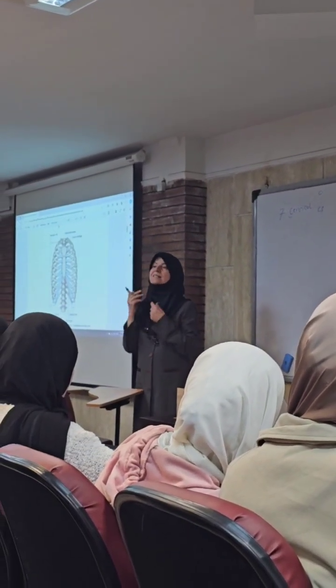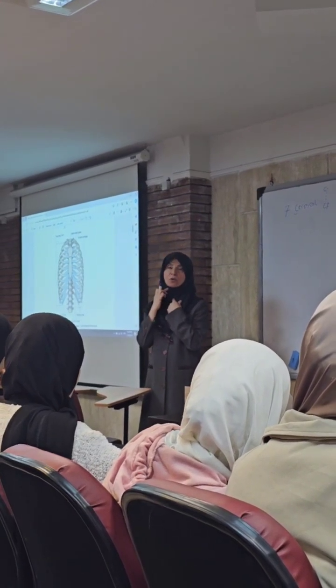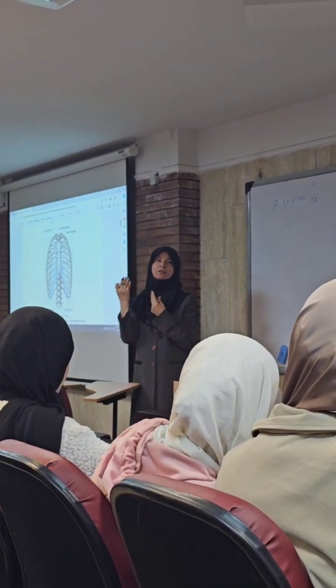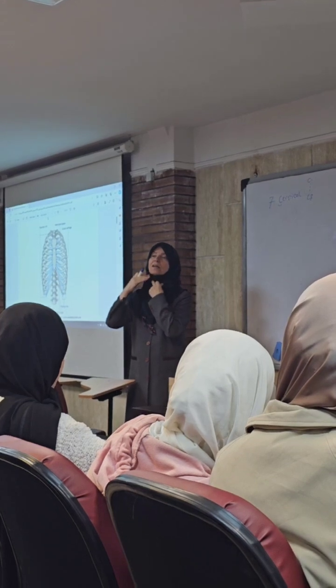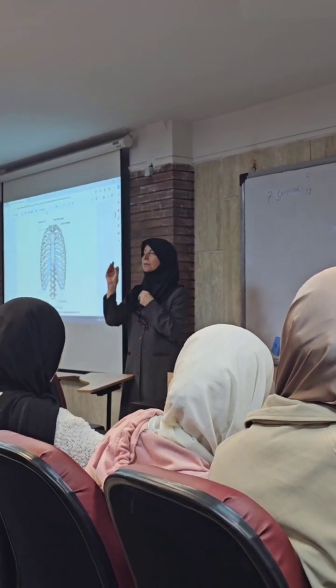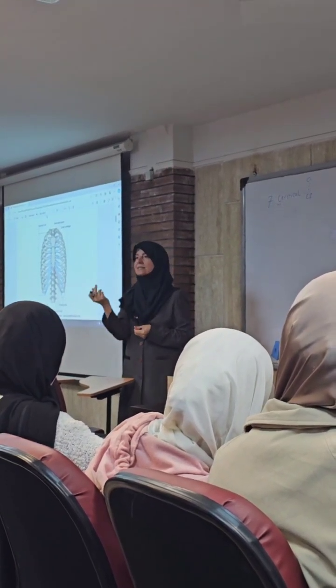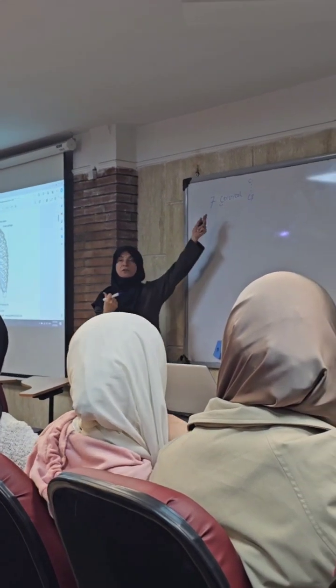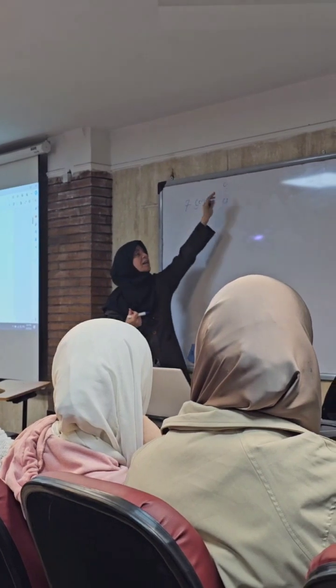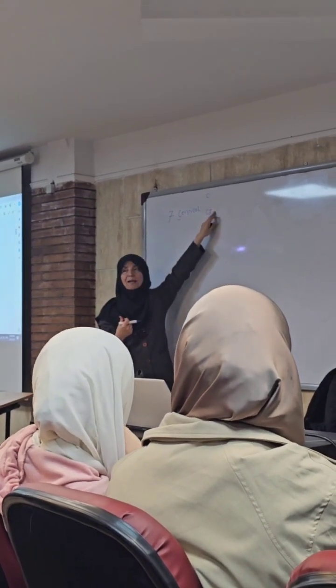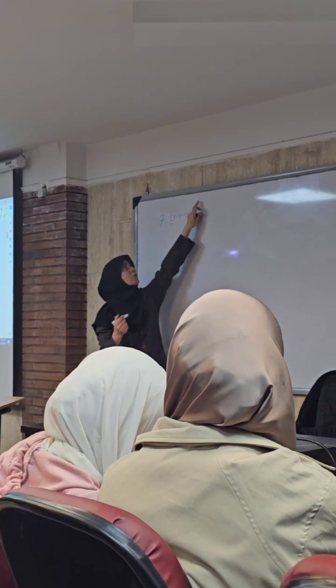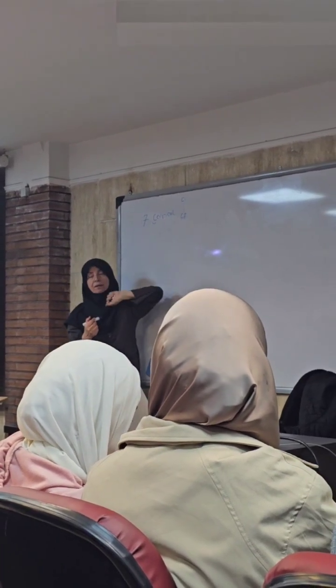You know that C5 and C6 are found in the cervical region, not superiorly, but inferior, between C5 and C6, or between C3 and C4. So we have 7 cervical vertebrae, and we use C1 to C7.